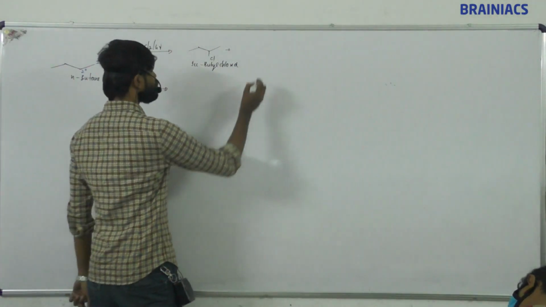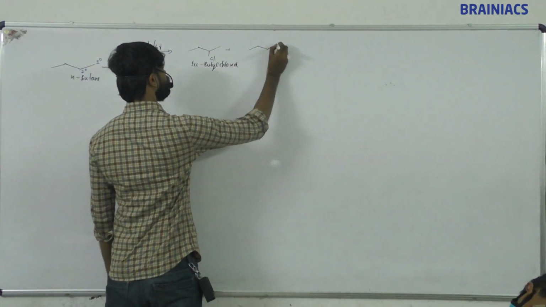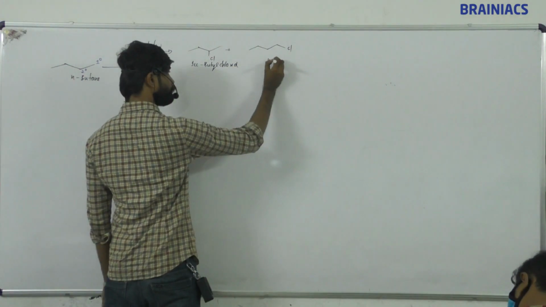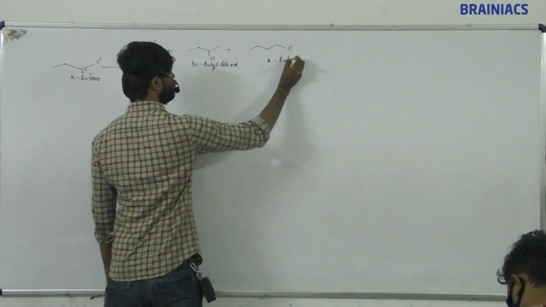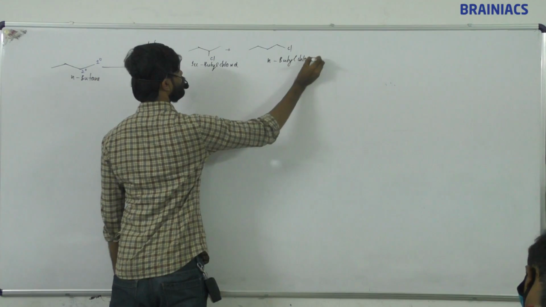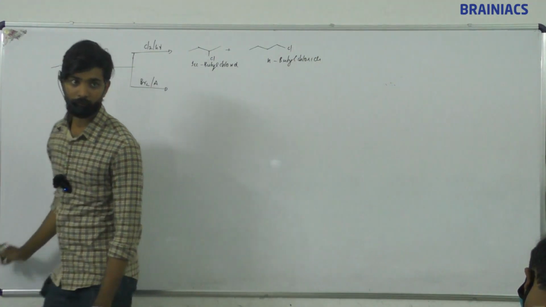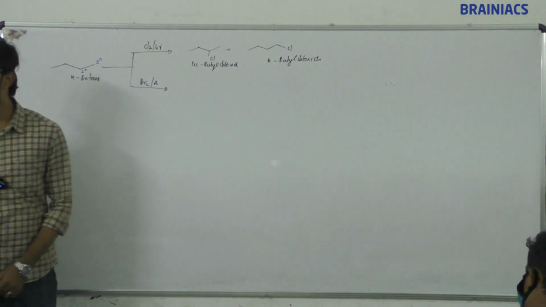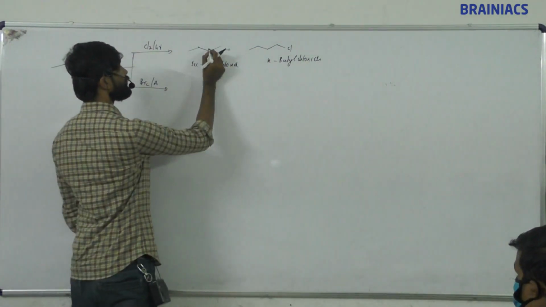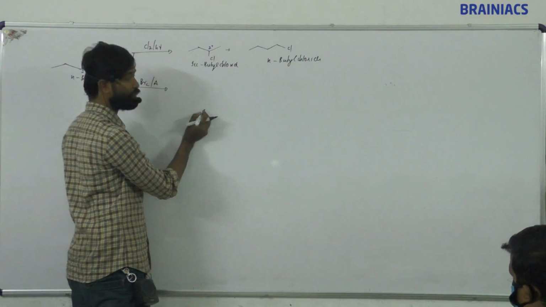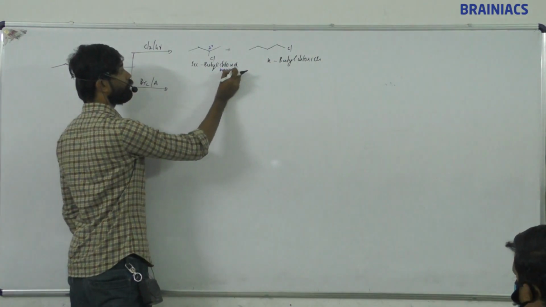Sec-butyl chloride, and the second one is n-butyl chloride. Which one will be the major? This is the replacement at the secondary position, so this will be the major.